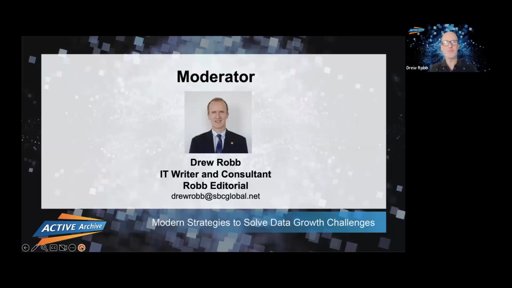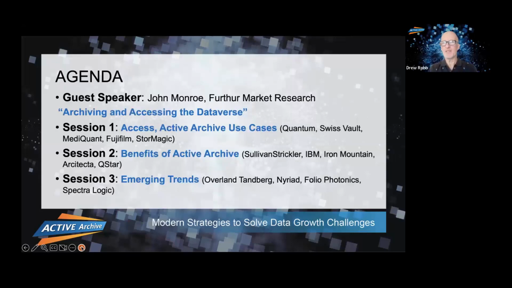All right. Thanks, Rich and Bob. Good to speak to you all today. So let's go over the agenda for today's event. So we have a guest speaker to kick things off, which is John Monroe of Furthur Market Research. He'll be talking about archiving and accessing the Dataverse. And session one is access, active archive use cases.